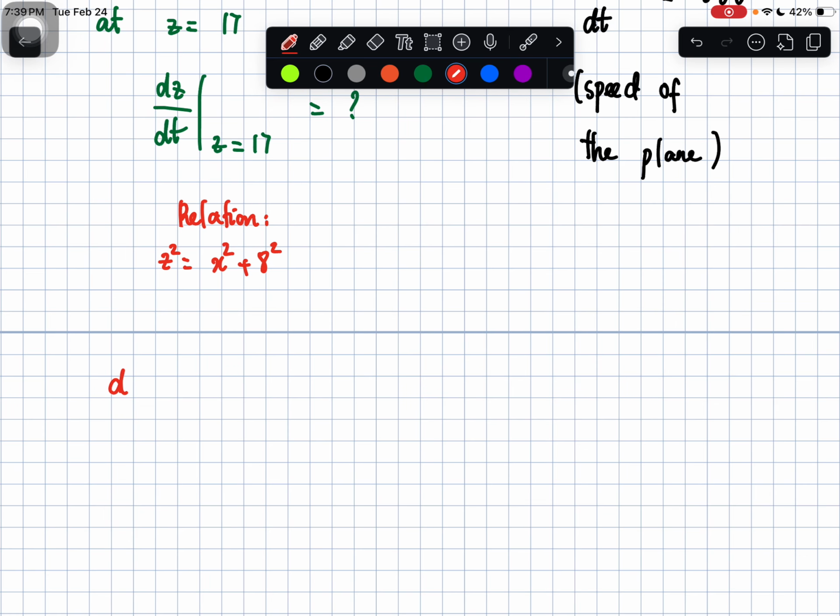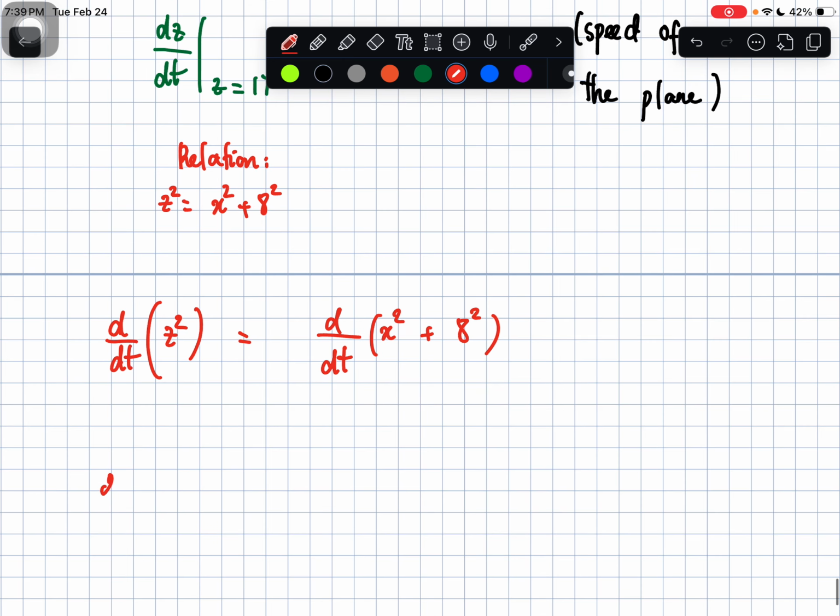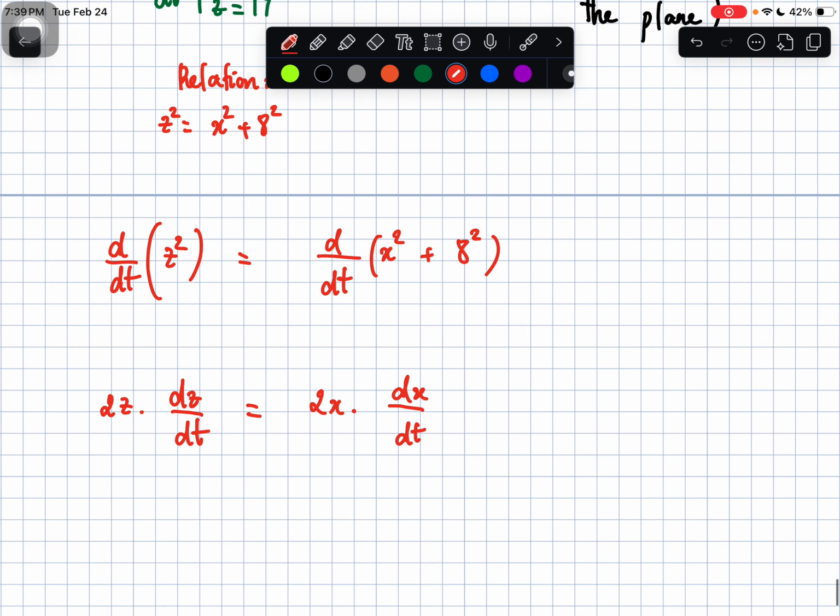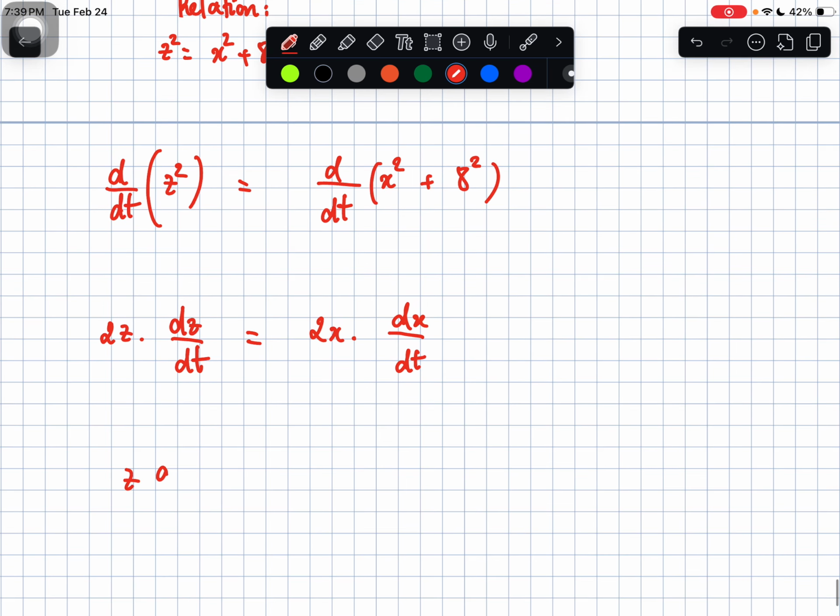So I do d over dt of z squared on the left-hand side, and d over dt of x squared plus 8 squared. So I have 2z times dz over dt equals 2x times dx over dt plus 0. So I can remove the 2: z dz over dt equals x dx over dt.